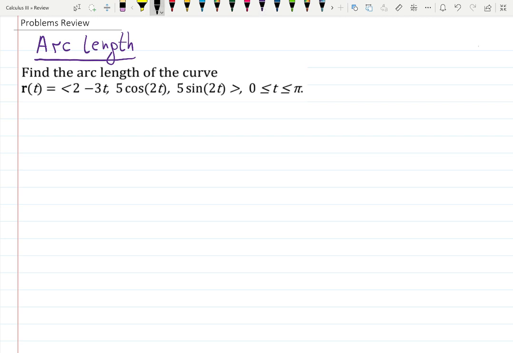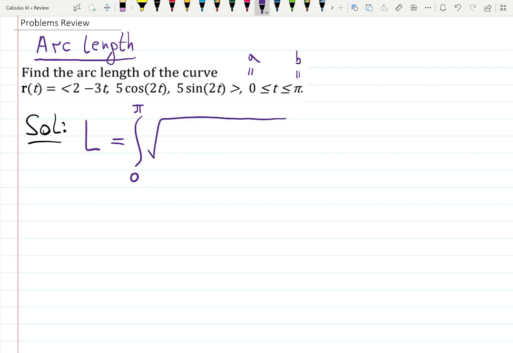Well, to start solving this problem, you need to remember the formula of the arc lengths we just learned recently. The formula will look like L, or any way you want to notate it, integral from 0 to pi, in this case, from a to b, a huge square root, and then you start squaring the derivative of each component of the curve.